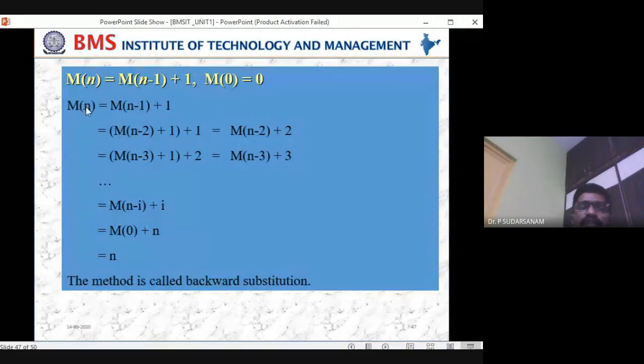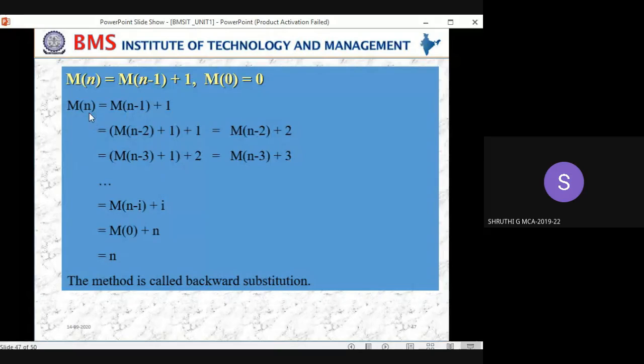So now m of n minus 1 is there. Suppose you put n minus 1 instead of n, what will happen on the right hand side? M of n minus 1, and minus 1 is already there. So n minus 1 minus 1, what will happen? 2, sir.